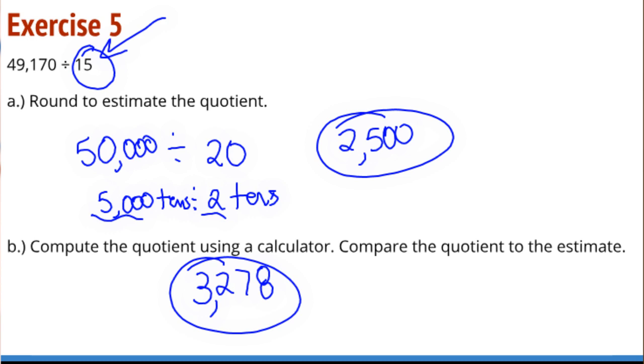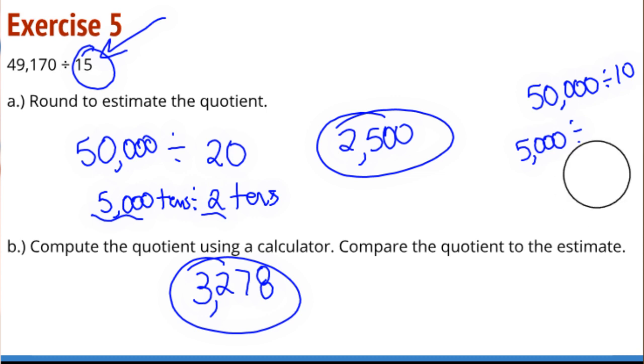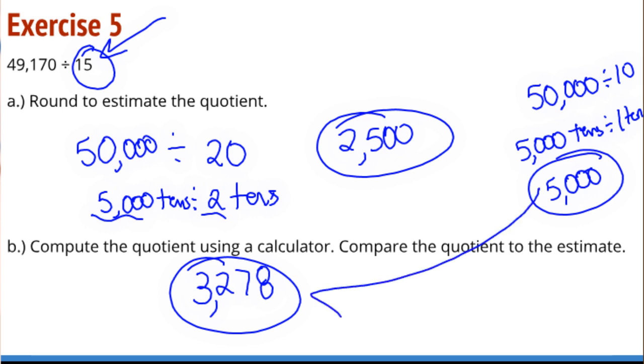Now, if I were to round the 15 to 10, 50,000 divided by 10, I've got 5,000 tens divided by 1 ten, and there I've got an estimated quotient of 5,000, which is also a very long ways away from 3,278.